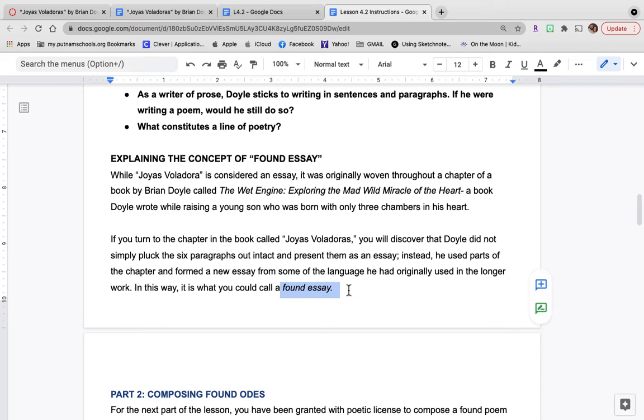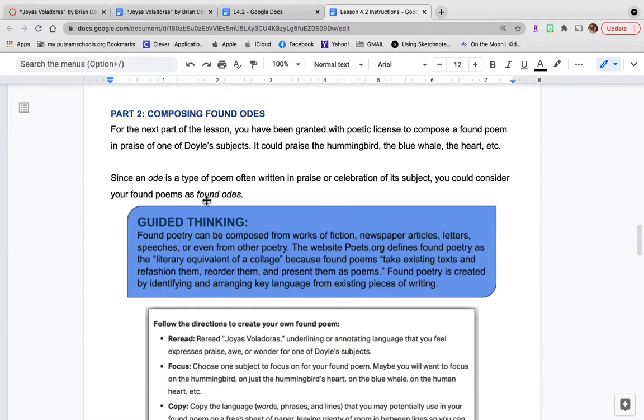And again, it wasn't like he went to that chapter and grabbed the first 6 paragraphs, the last 6 paragraphs, or the middle 6 paragraphs. He picked and chose what to pull to form this essay, although all the words were already right there for him. So that leads us to composing found odes.